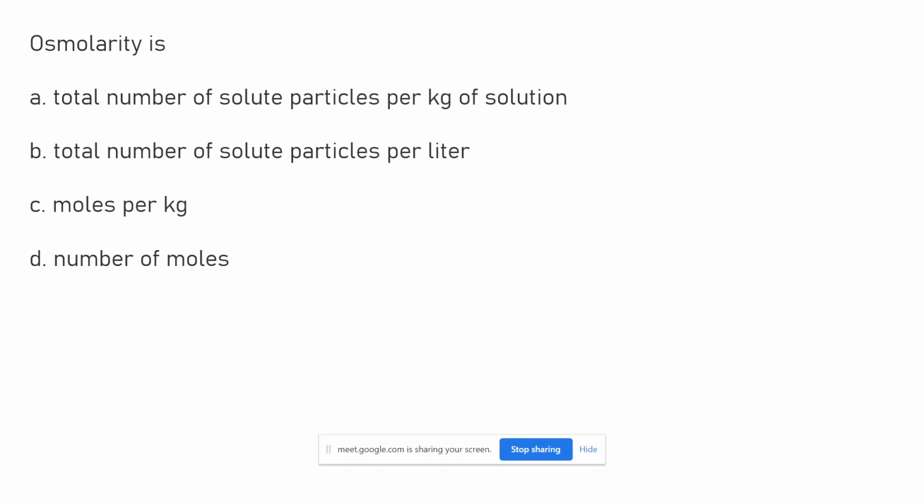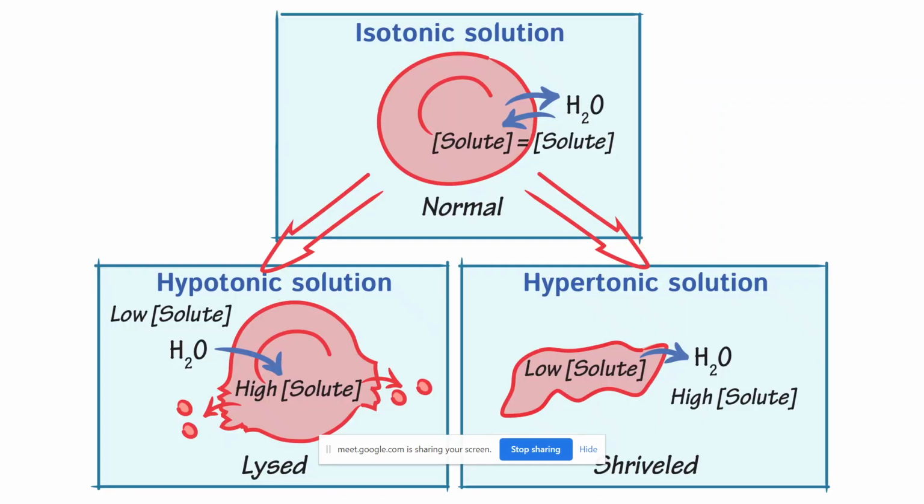Yes, so the correct option here is B. Osmolarity is total number of solute particles per liter. However, total number of solute particles per kg of solution is called osmolality. So this is the difference. But for this question, osmolarity is the total number of solute particles per liter.